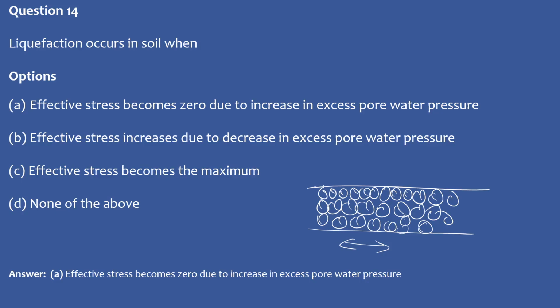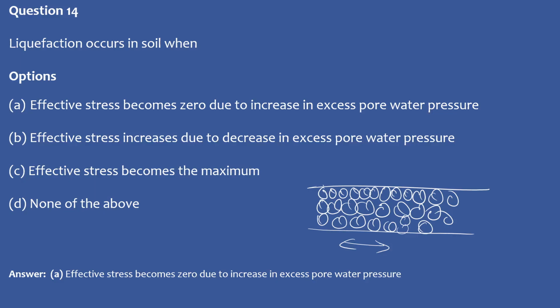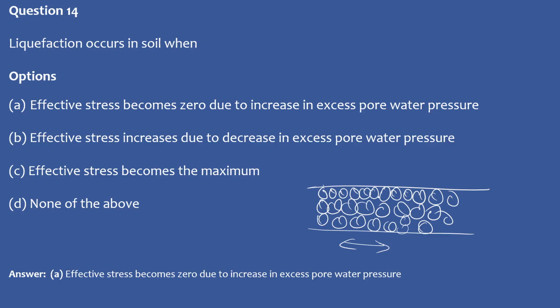In that case, the shear strength of water, as we know, is zero, so it won't be able to resist the load coming from above, because the soil particles resist the load due to internal friction strength. Since the water has come between the soil particles, and the shear strength of water itself is zero, the internal friction strength also becomes zero.